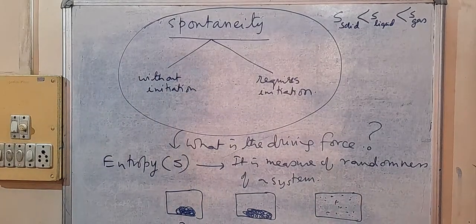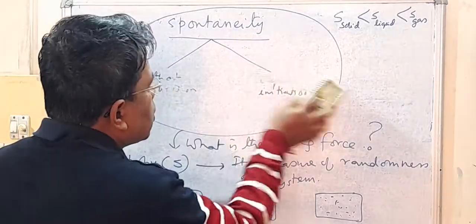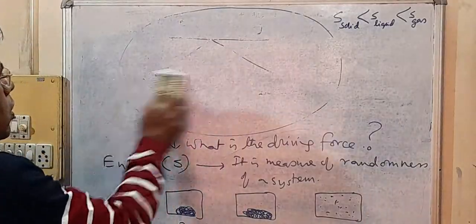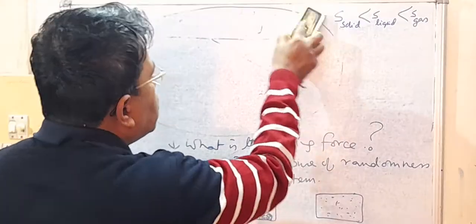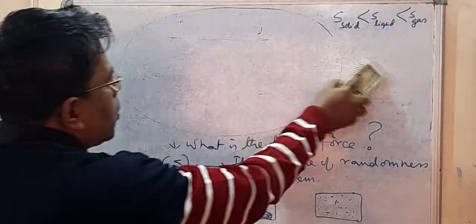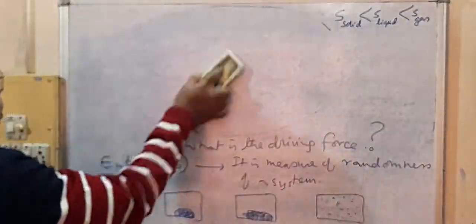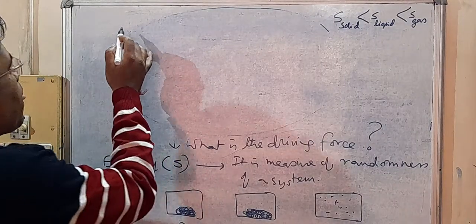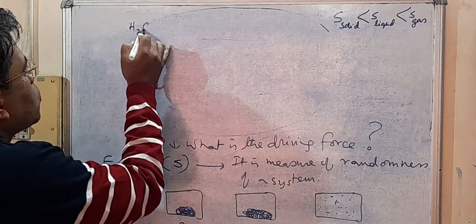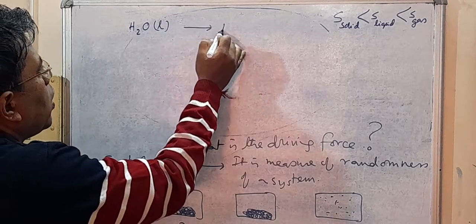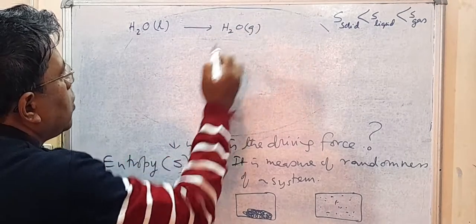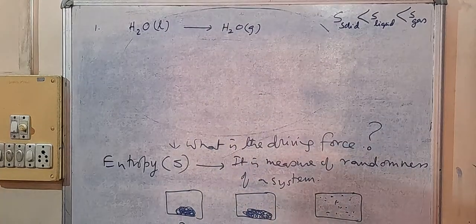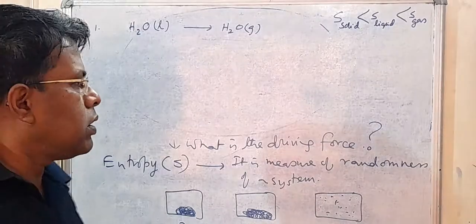Okay, now suppose I am giving some process. You can predict the change in entropy. Suppose this process, H2O liquid to H2O gas. During this process, what will be the change in entropy? Whether the entropy will increase or decrease.